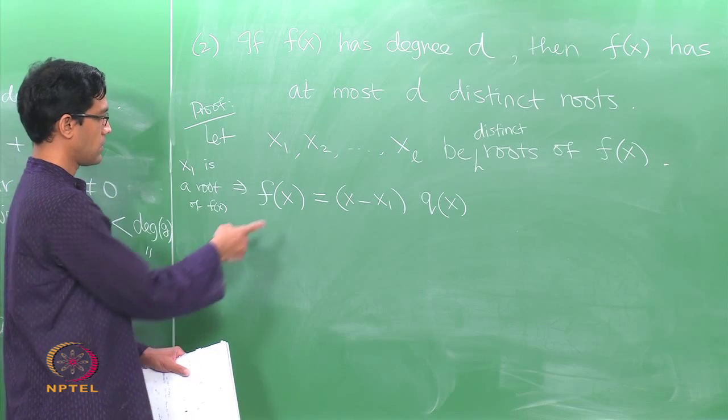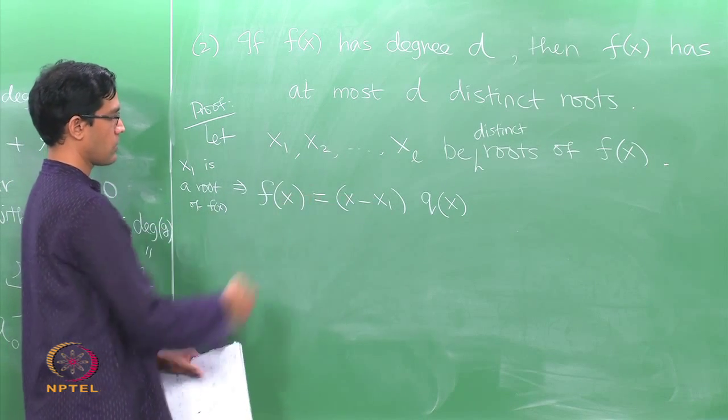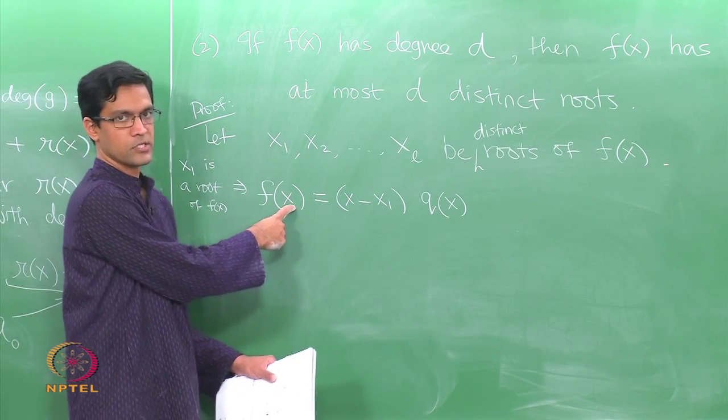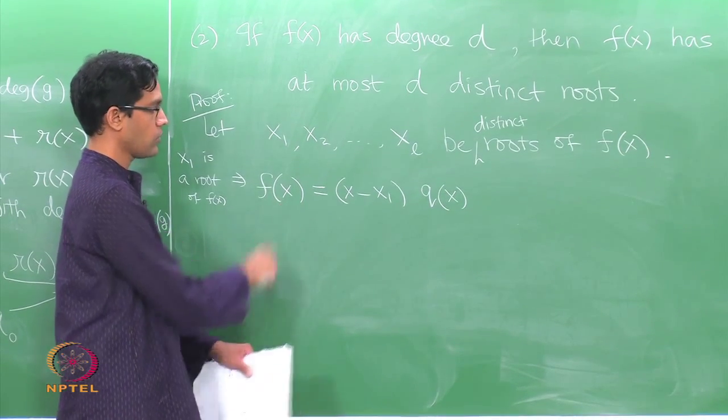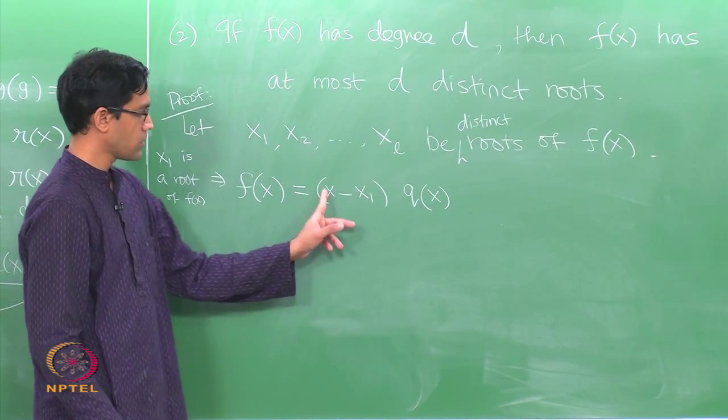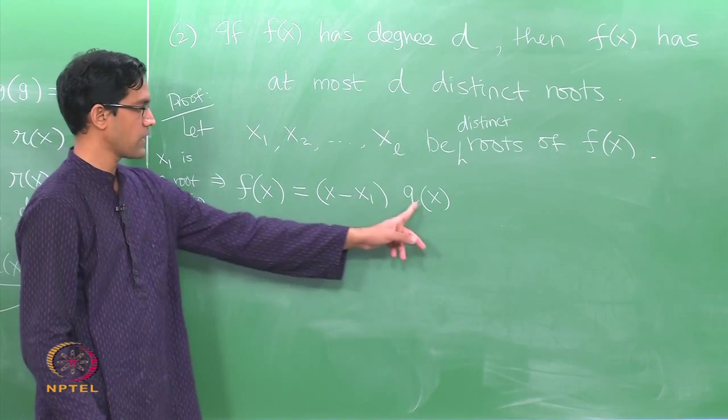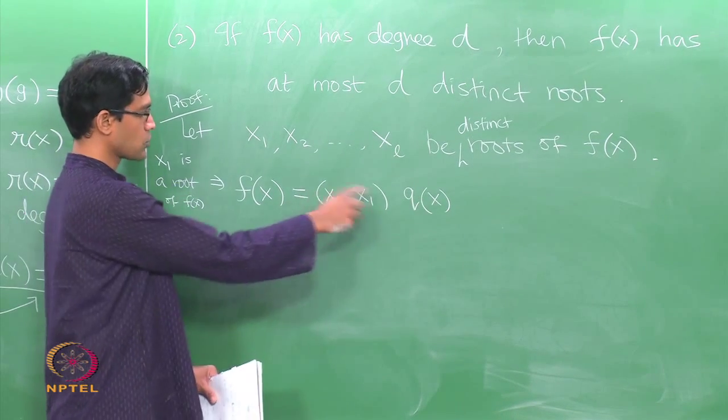Now let us plug in x2 into this equation. If you plug in x2 for x, then f of x2 is 0, and on the right hand side you will get x2 minus x1 times q of x2, and x2 is not equal to x1.